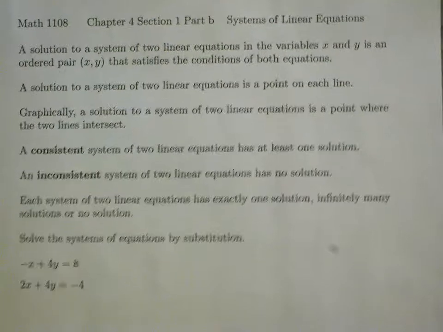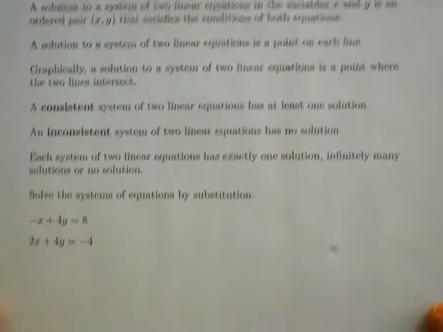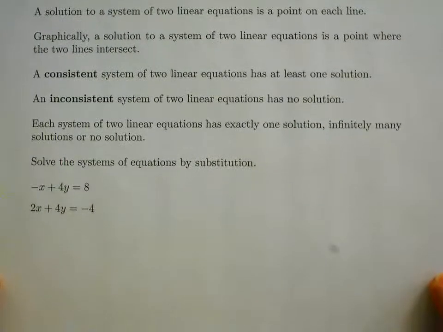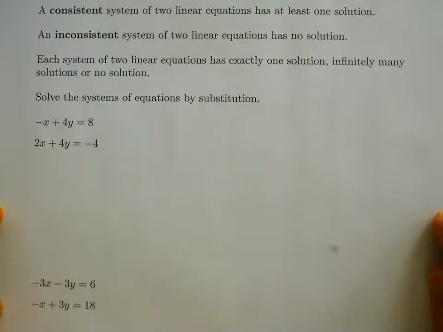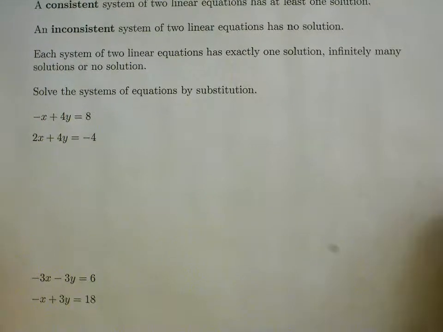Here are a couple of examples, and I'll show you how to solve the systems by substitution. This first one has the equations negative x plus 4y equals 8, and 2x plus 4y equals negative 4.